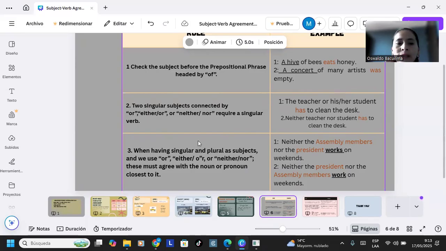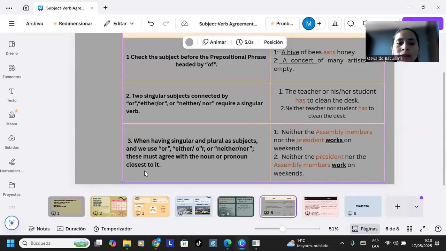So in the third rule, when having singular and plural as subject, and we use or, either or, neither nor, this must agree with the noun or pronoun closest to it. For example, here, neither the assembly members nor the president works on the weekend.